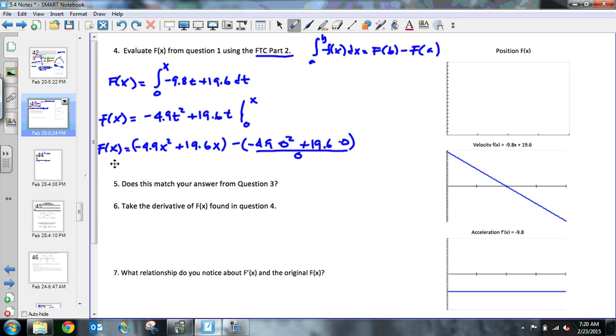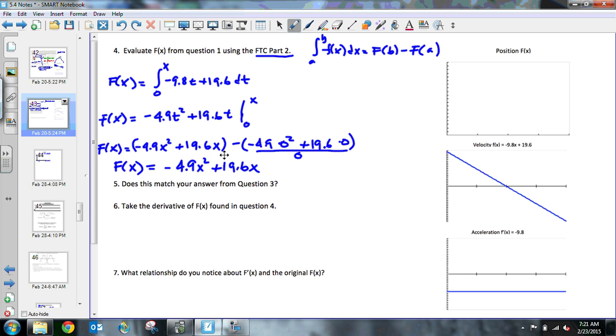So then I just get this for big F of x: negative 4.9 x squared plus 19.6 x.